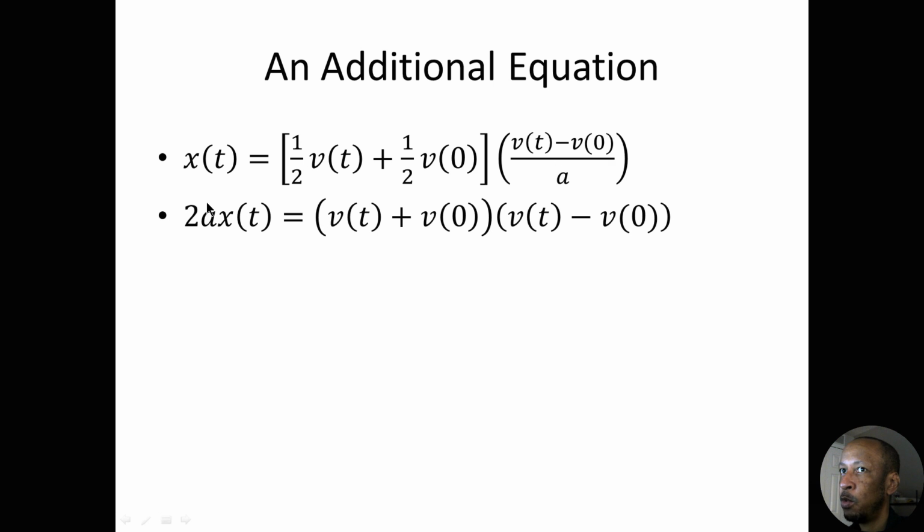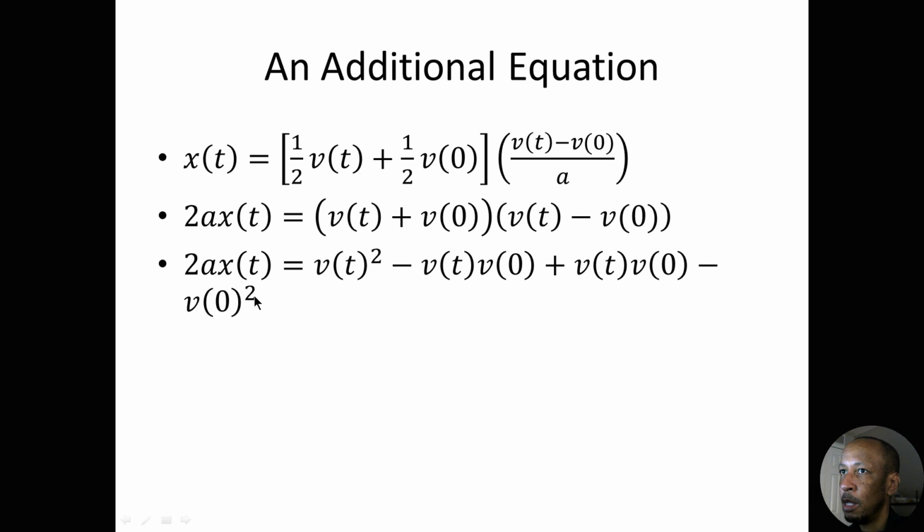Then next I multiplied 2a on both sides, and that reduces the right side to this expression where I need to distribute my multiplication. When I do that, I end up with v of t squared minus v of t times v of 0 plus the same thing, v of t times v of 0, minus v of 0 squared.